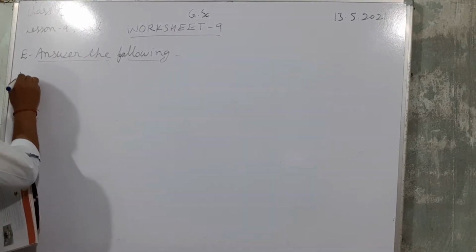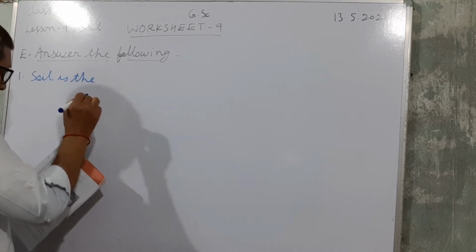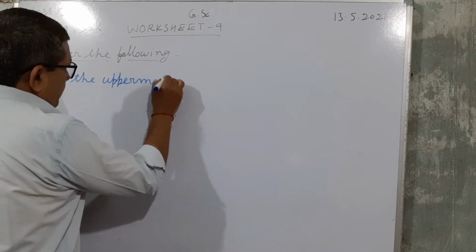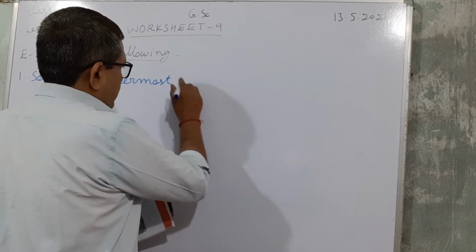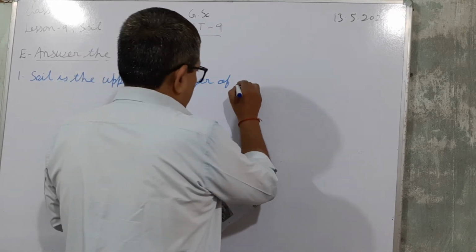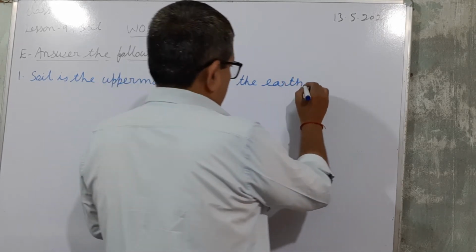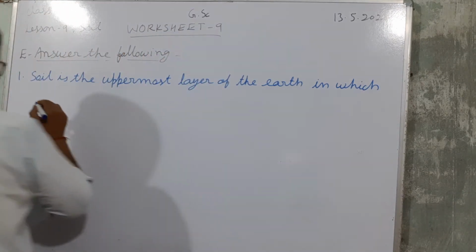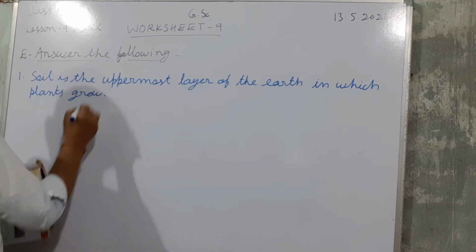First answer you have to write: soil is the uppermost layer of the earth in which plants grow.